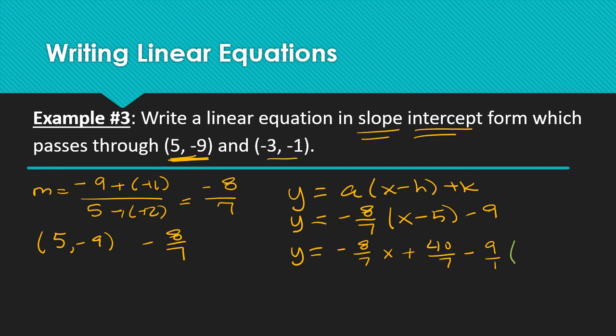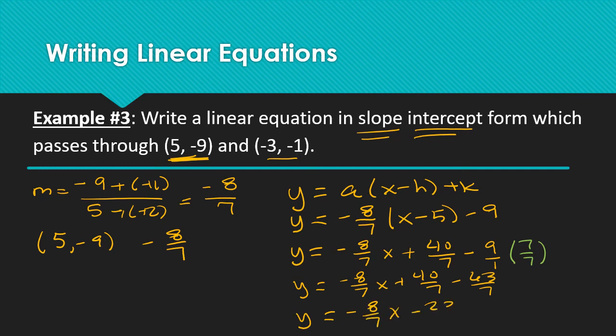Since 7 is my denominator here, I'm going to multiply this by 7 over 7. And we have y equals -8/7 x plus 40 over 7 minus 63 over 7. When I look at that, I am going to combine those last two terms, and I get -8/7 x minus 23 over 7.